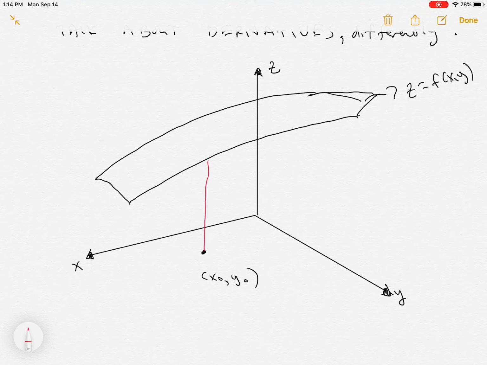If I locate the point on here, which I'll call point P, it has coordinates x naught, y naught, z naught. So that's the point there.